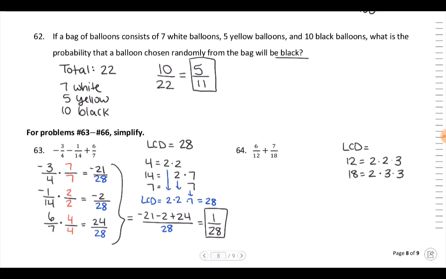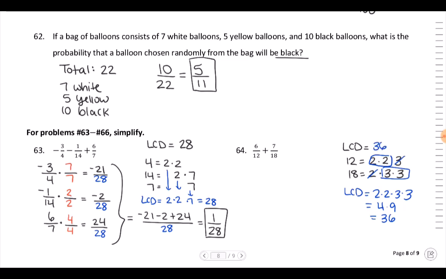For this one, I'll do it the other way that I mentioned, where I ask which one has the most 2's, and which one has the most 3's. So my LCD here would be 2 times 2 times 3 times 3, which is 4 times 9, or 36. That's my LCD.